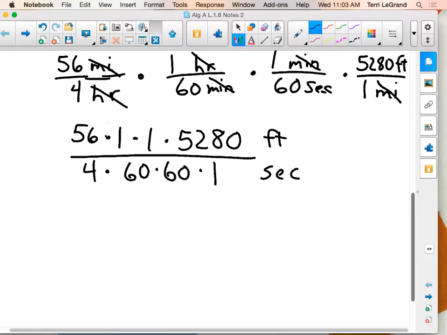So now go ahead and use your calculators to figure out what does the numerator become. It's 56 times 1 times 1 times 5,280. By the way, do you really need to type in times 1 in your calculator? No. Multiplying by 1 doesn't do anything. So you could just take the 56 times the 5,280 and write down what you get.